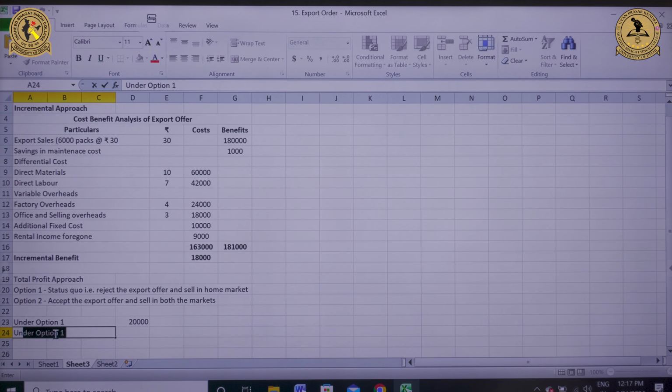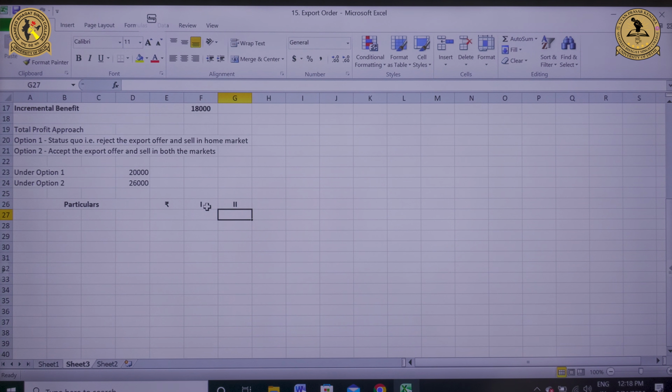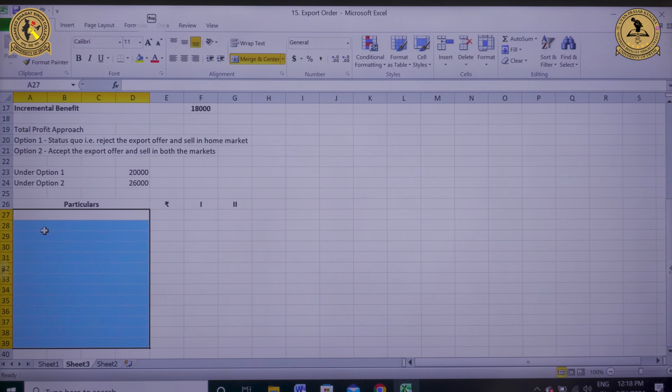Similarly, under option 2, it is 26,000 units, and we all know that in this 26,000 units, 6,000 units are at a rate of rupees 30 per unit, and remaining 20,000 units, or I can say 20,000 packs, are at a rate of rupees 60 per pack. Now this is the format of total profit approach: particulars, per unit cost, option 1 and option 2.